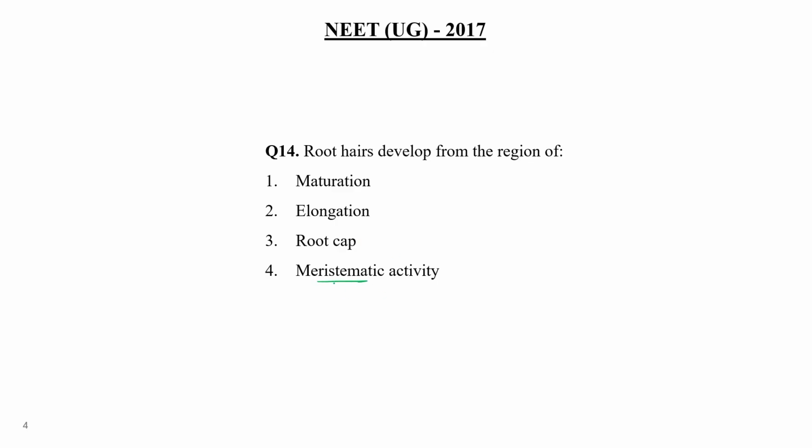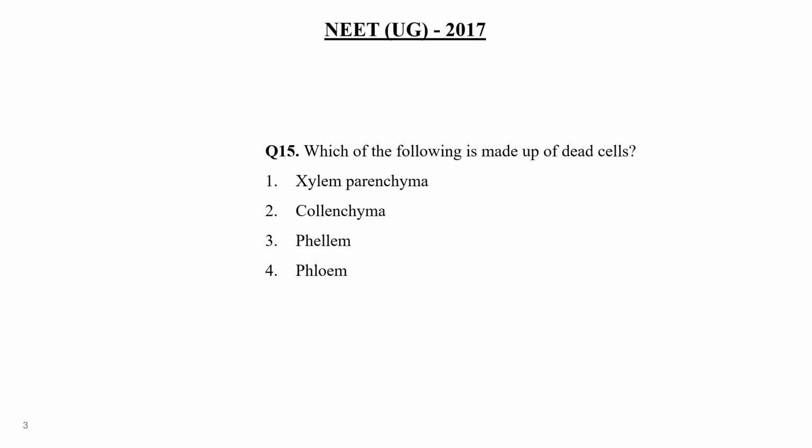Next question, root hair develops from the region of maturation, elongation, root cap or meristematic activity. As these meristematic activity cells are highly dividing, root hairs develop from the region of meristematic activity, right? Which of the following is made up of dead cells? Xylem parenchyma, collenchyma, phloem or phloem? Dead cells.